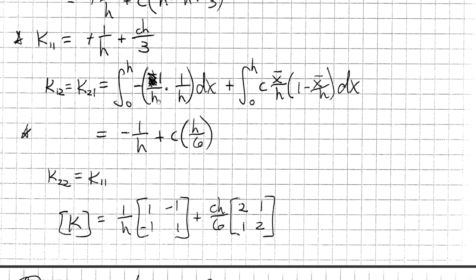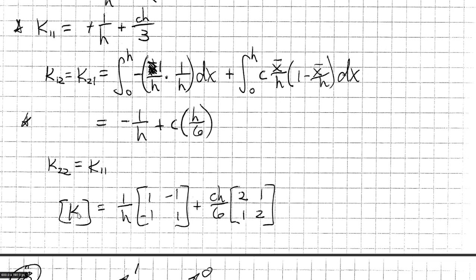So simple integration on polynomials or constants, and ultimately you can work this out for this case, k11 equals k22. So here's what we get. Here's our K matrix. So it's inversely proportional to the length of the element.